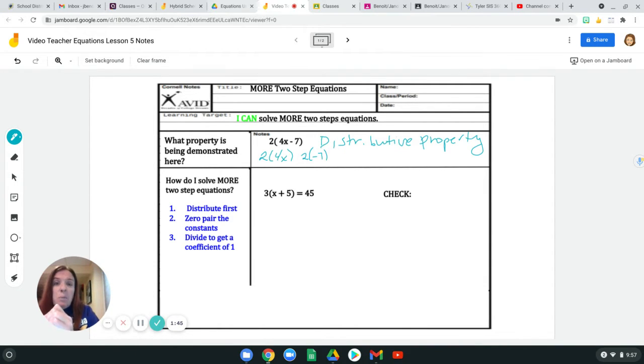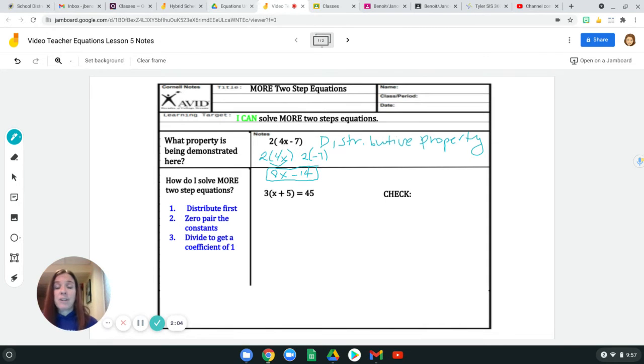Once we've written it like that, then we do the math, right? 2 times 4x is 8x, and 2 times negative 7 is negative 14. So after distribution, our expression becomes 8x minus 14.